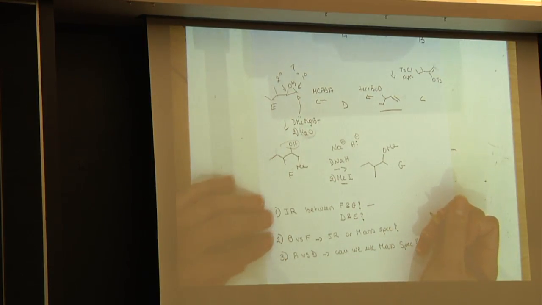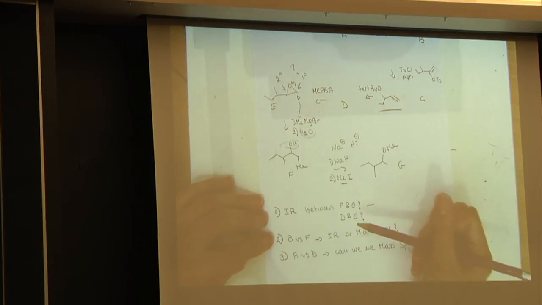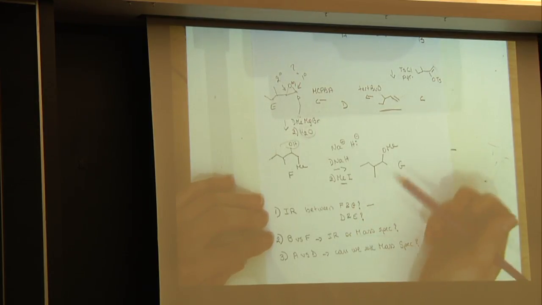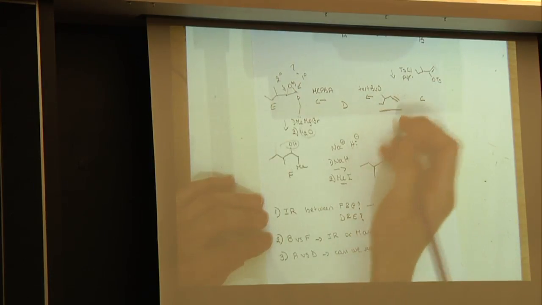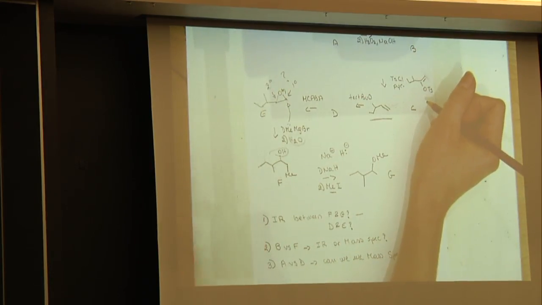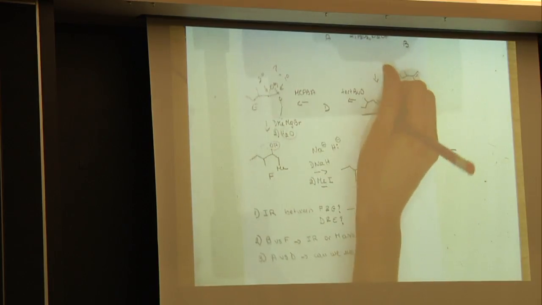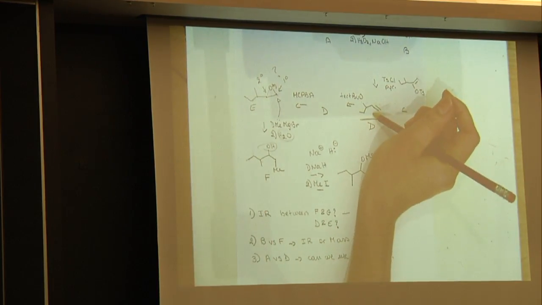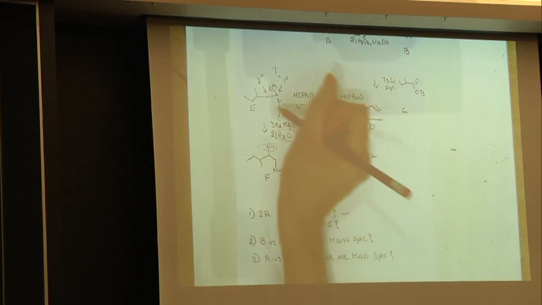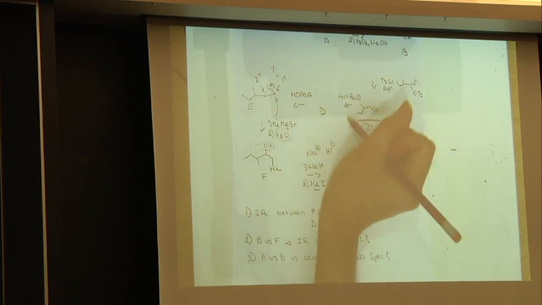Cool. Now what about D and E? So this is D, just did not clearly label it. And E is here. Okay, so what am I going to look for between those two?